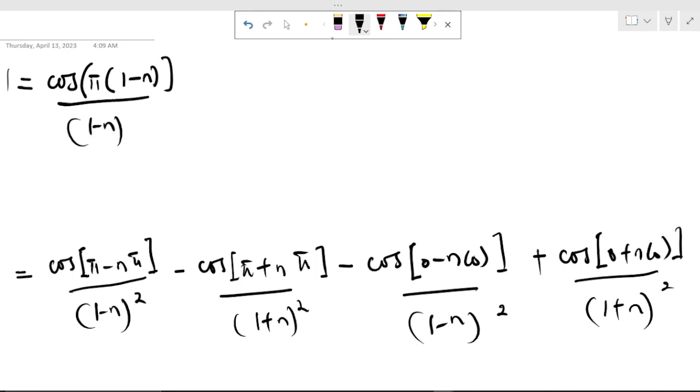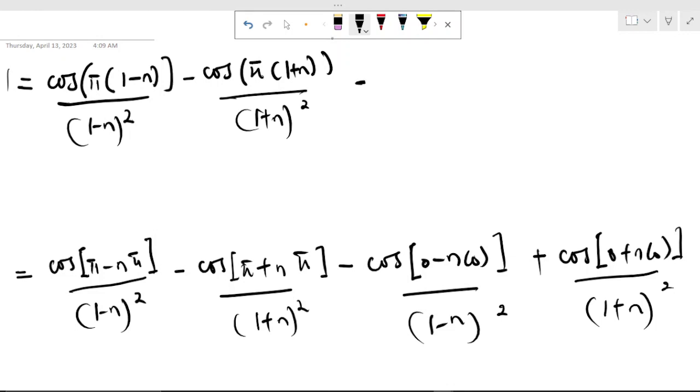Over (1 minus n) all squared, minus cos pi into (1 plus n) over (1 plus n) squared, minus, oh, this is 0, because cos 0 is 1. So we're left with this, plus 1 over (1 plus n) all squared.